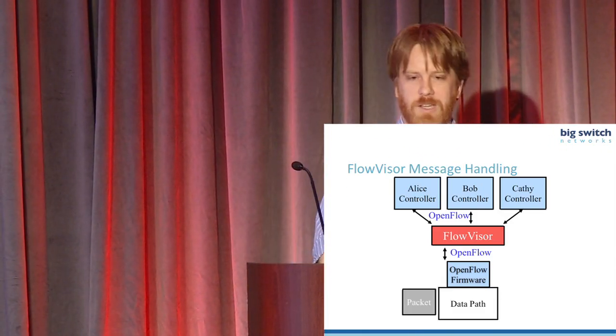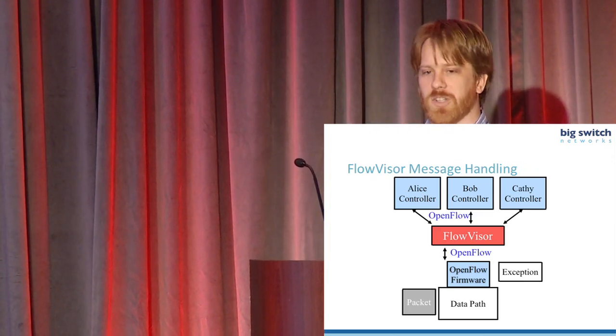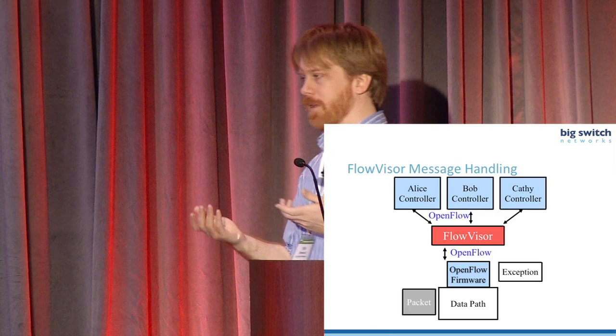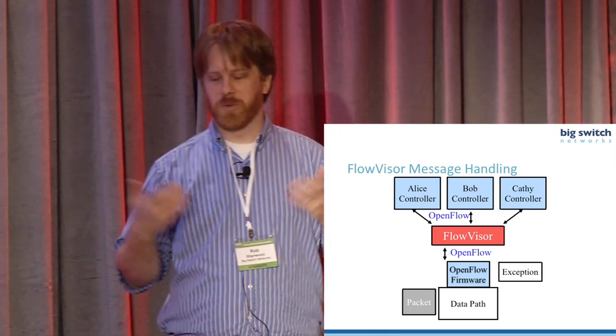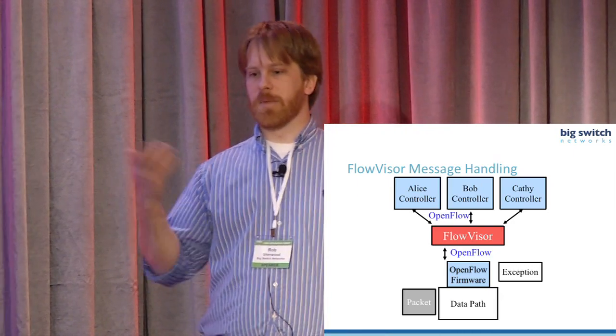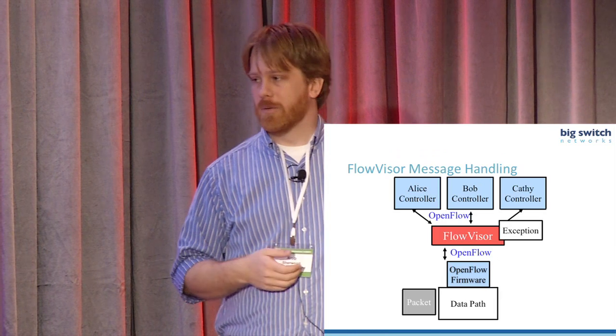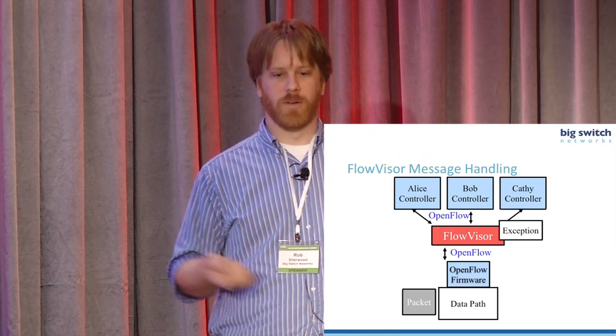If a packet shows up that doesn't match any rules in the switch, for example if the switch was just rebooted and had no rules, the switch would say, I don't know what to do with this packet, let me ask the controller. So it sends this message up to the controller that it knows about, which is the FlowVisor.